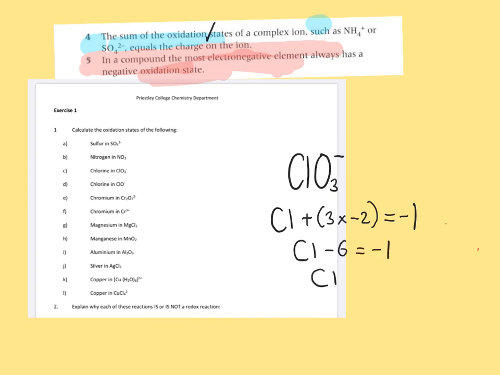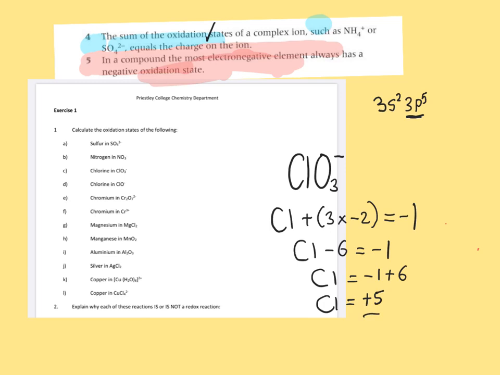Add 6 to both sides to get rid of the -6, and that therefore leaves chlorine with an oxidation state of +5. But Wendy, you might say, chlorine is in group 7. But if we write out the electron configuration of chlorine, the outermost electrons in the third energy level are 3s2 3p5. And that means that chlorine in this case is sharing its 5 p electrons.